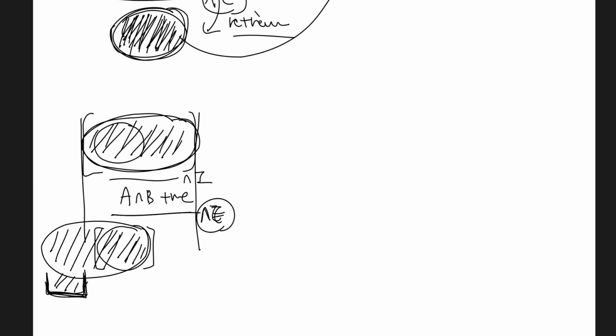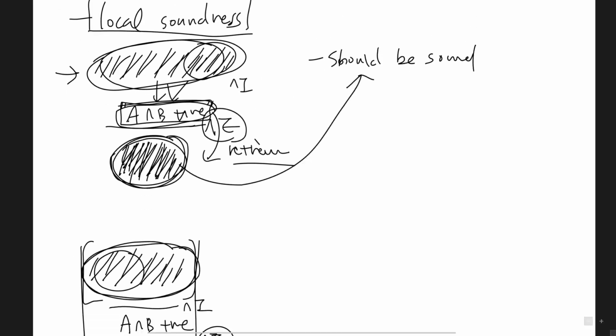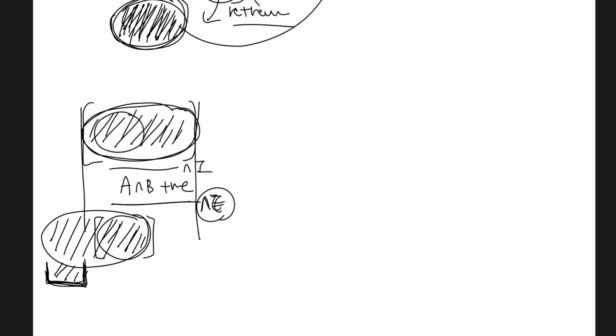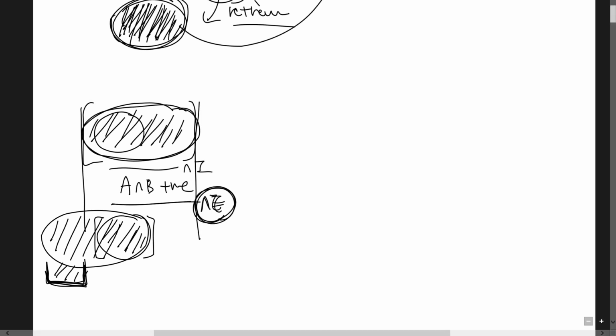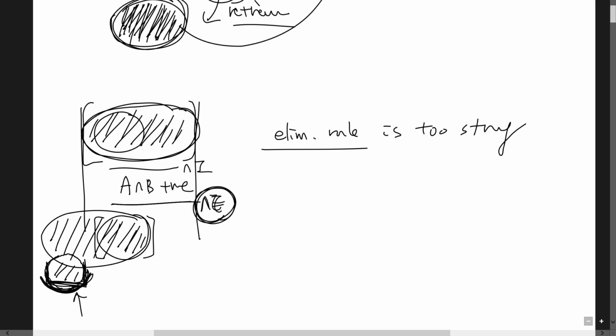So if this local soundness property fails, it means that by applying the elimination rule, we can contrive some new judgment like this one. But that means that the elimination rule is too strong, because this elimination rule allows us to generate some new judgment that is completely unrelated to the original knowledge that we started with.